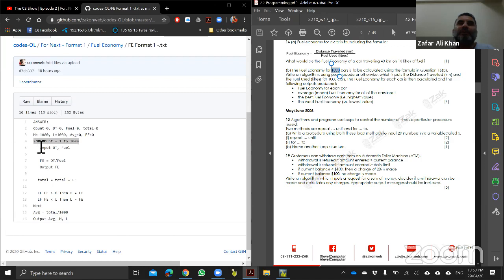We have to run this loop this way. Remember, this is pseudocode that we are discussing.